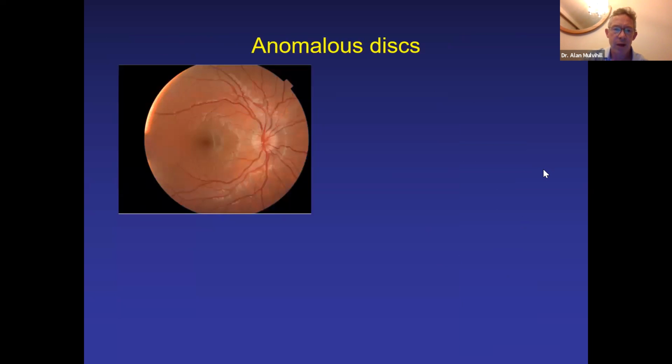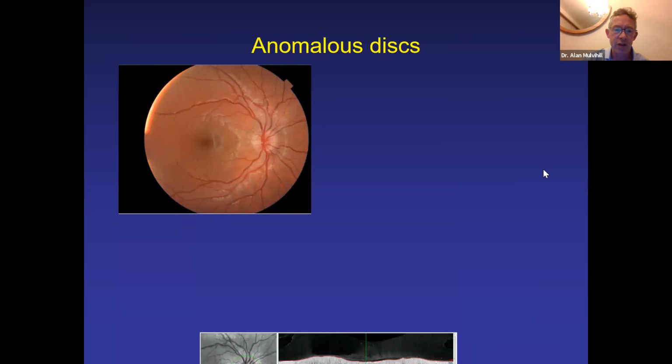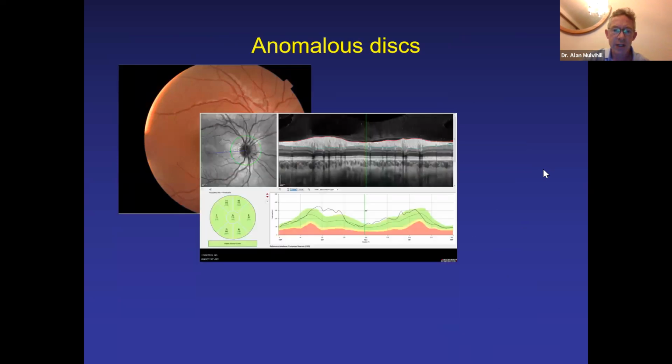So when we see a child with an odd-looking optic nerve and we've taken a history and done an examination, we do our OCT scan of the optic nerve. And here in this particular child, the green, yellow, and red are the normal range for age-matched patients.